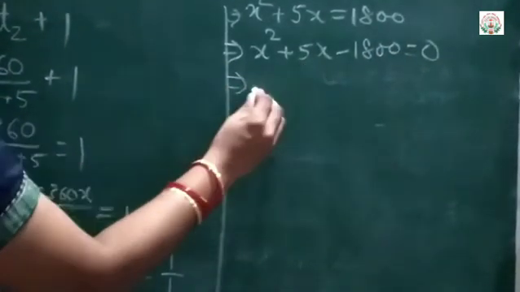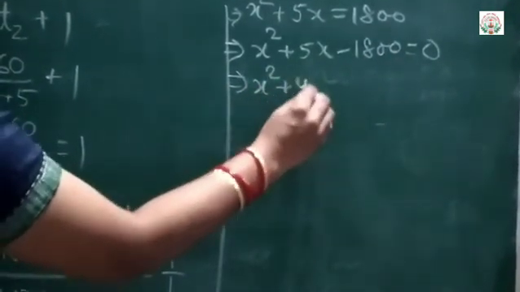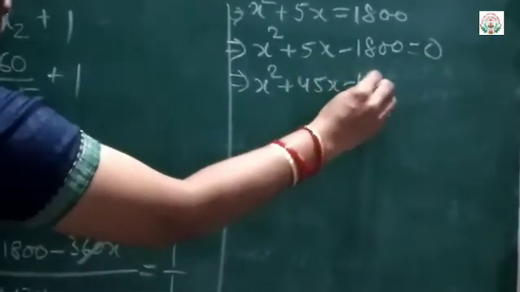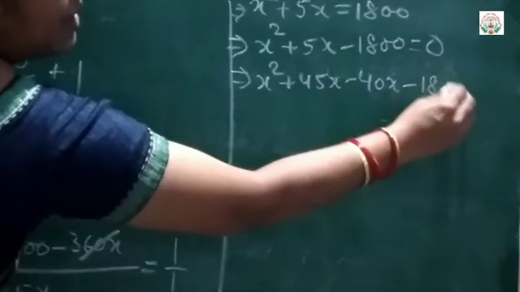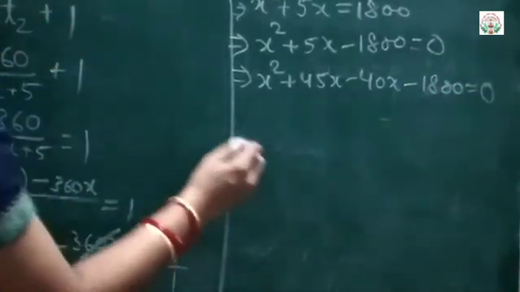Now splitting the middle term, what do you get? x square plus 45x minus 40x minus 1800 equals 0.